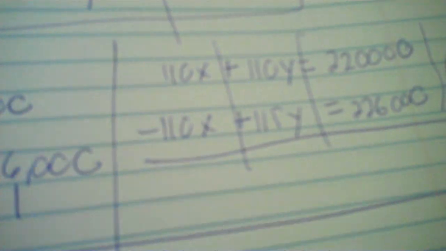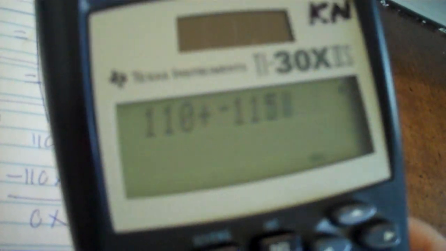Okay, we want to add, but that only adds to 0 if you make one of them negative. Make that negative and that negative. So I take a 110 and add a negative 115 to it. I get negative 5y. Then I take a 220,000 and add a negative 226,000.